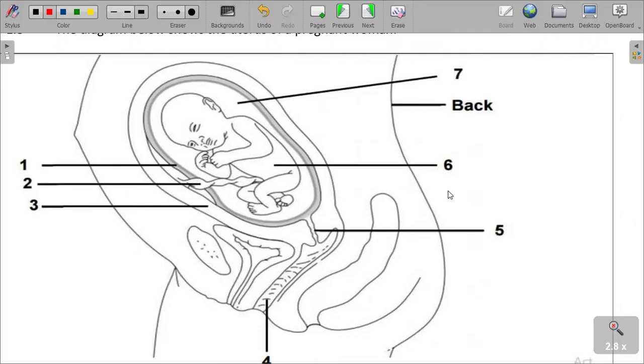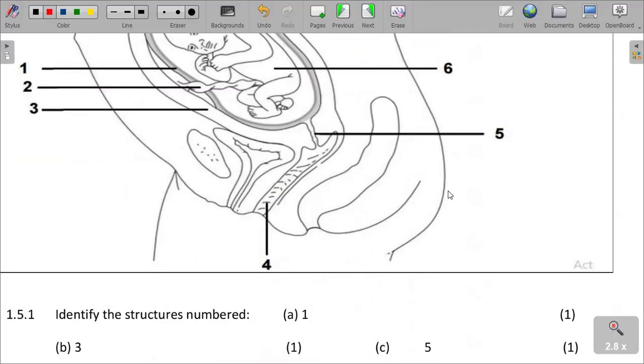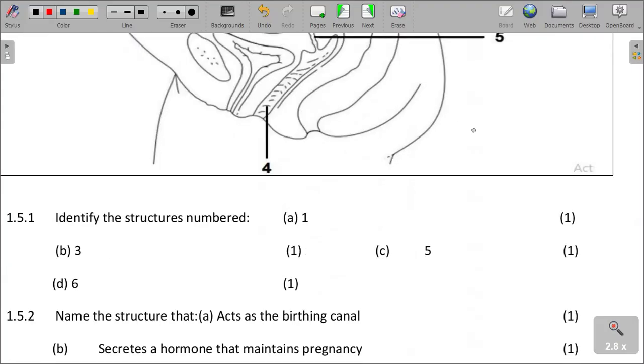Human reproduction. So identify structures numbered A1, identify structures numbered 1, numbered 3, numbered 5, numbered 6.